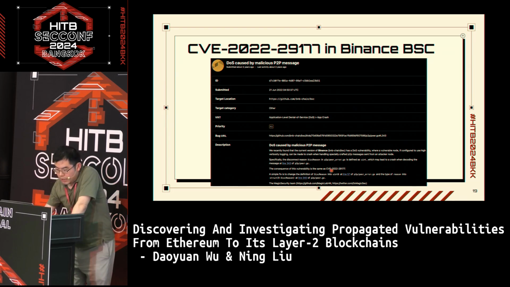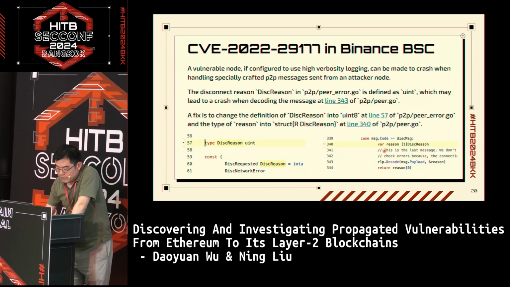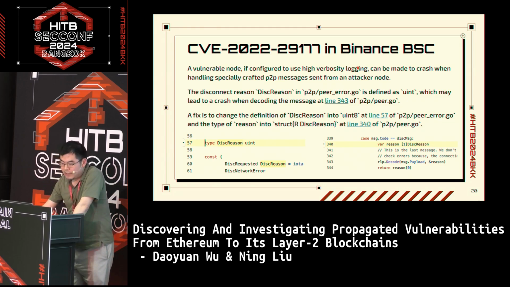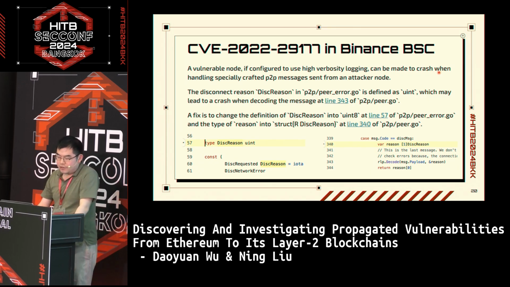We reported this vulnerability to them, and the details are like this. Suppose there is a validation node that contains the vulnerable piece of code. Then if this node is configured to use the logging mechanism, it can be made to crash when it receives a specially crafted P2P message.